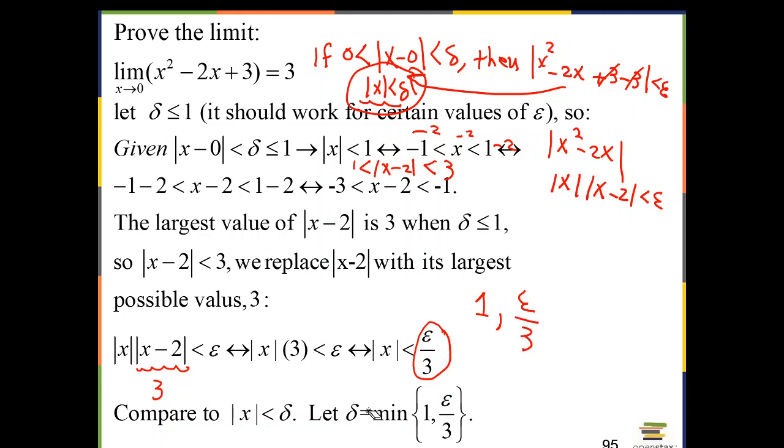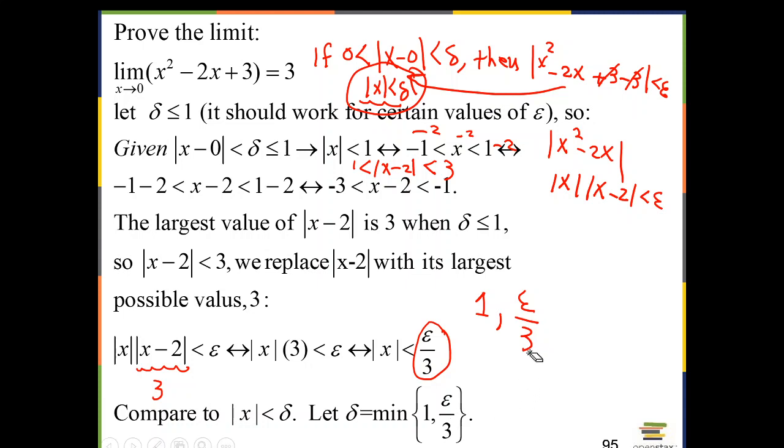So again, we're going to let delta be minimum of what? 1 or epsilon over 3. Now notice that you don't have to start with 1. You can say let delta be 2. Then you take that into account here in your calculations, then you're going to get two different things here. But still, you can get the correct delta out of it given a given epsilon, right?